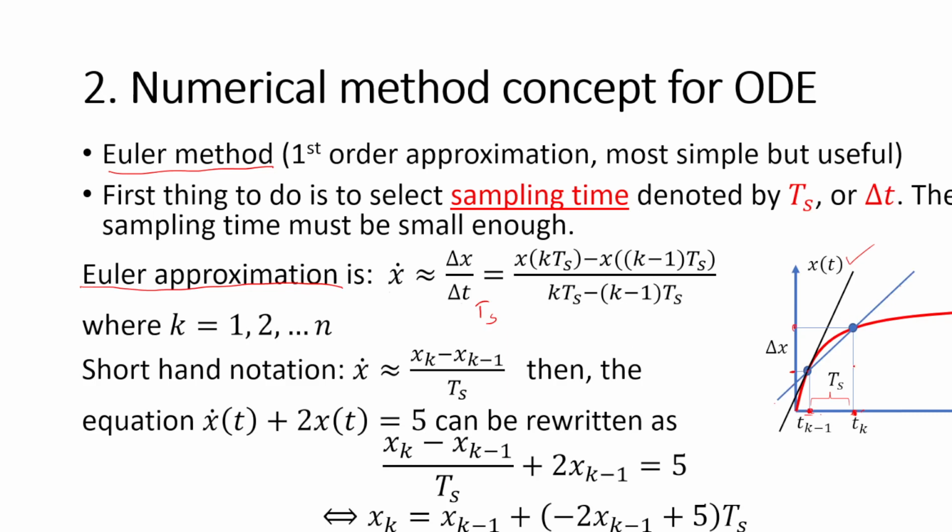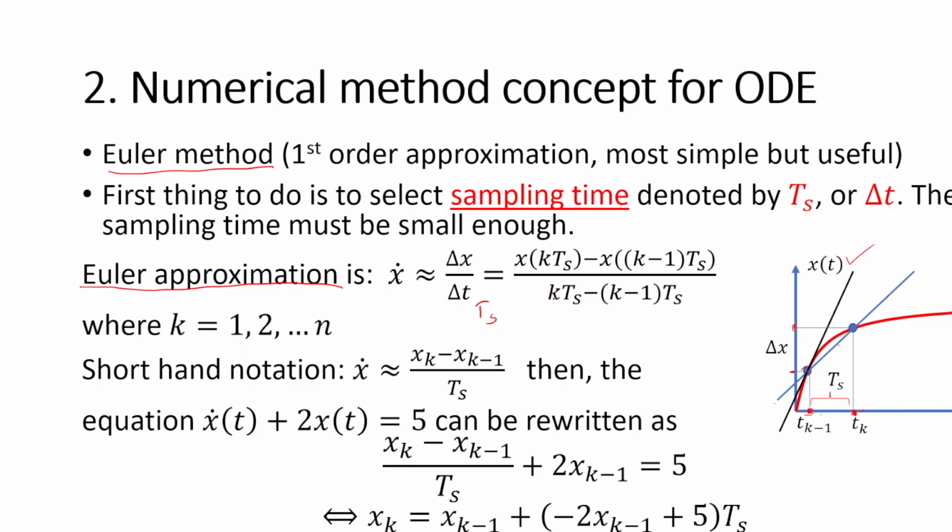So if Ts is small enough, this line and this line are close together. This is why it's called approximation. We approximate the tangent line by this line that crosses at 2 points, and these 2 points are close together if you choose a small sampling time Ts.